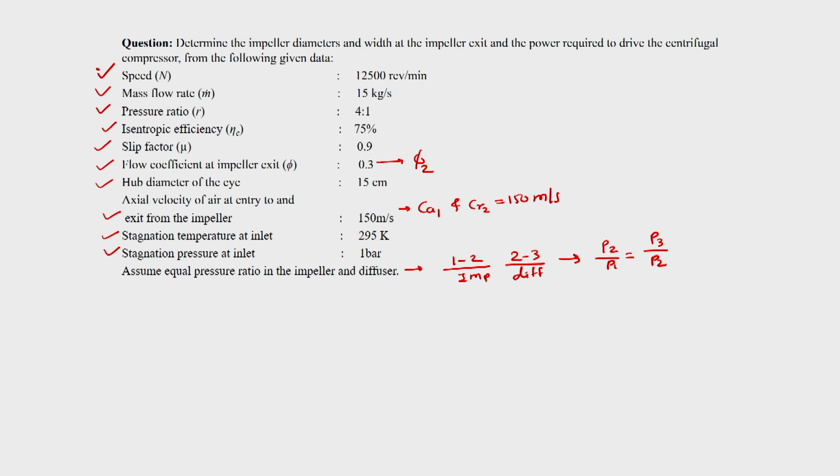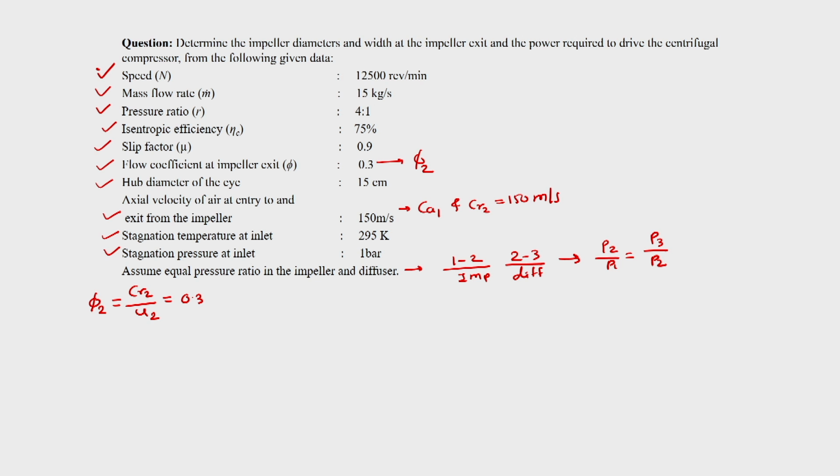So we will solve. We are given phi2, and we know phi2 is equal to CA2 divided by U2, or rather CR2 divided by U2. This is given to us as 0.3.